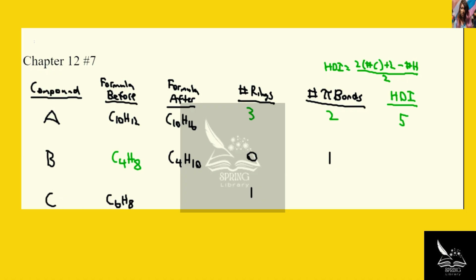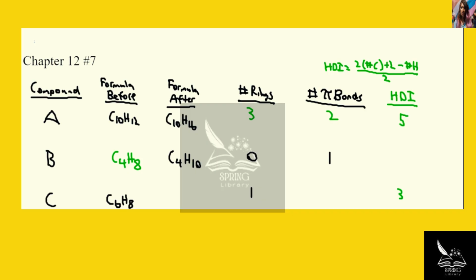For C, we have C6H8, so we can calculate the HDI. It's always a good place to start. It's going to be 2 times 6 equals 12, plus 2 equals 14, minus 8 equals 6, divided by 2 is going to equal 3. So we have a number of rings and double bonds that add up to 3.